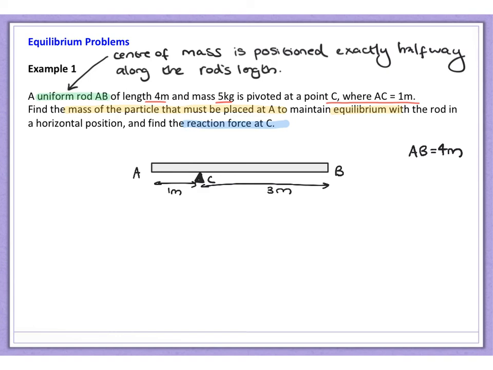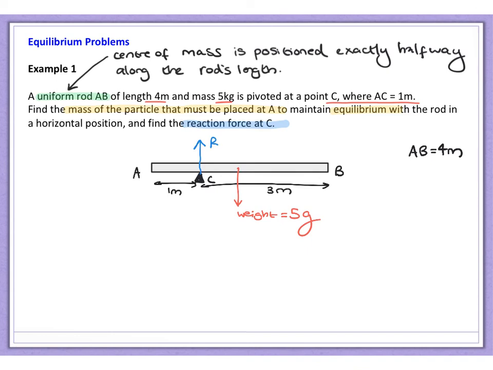Now, forces acting. Remember, the rod must have a weight of 5g, and because it's uniform, the weight of the rod is going to act halfway along the length of the rod. So we've got a weight here, which we're going to add to our diagram, which is 5g. Because the rod is pivoted at C, there will be a reaction force of the pivot pushing up on the rod like that.